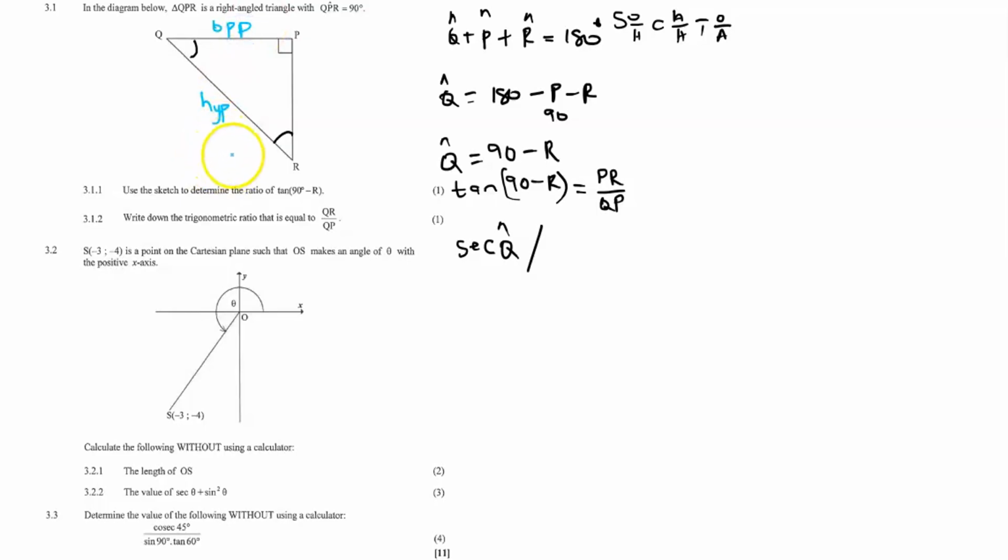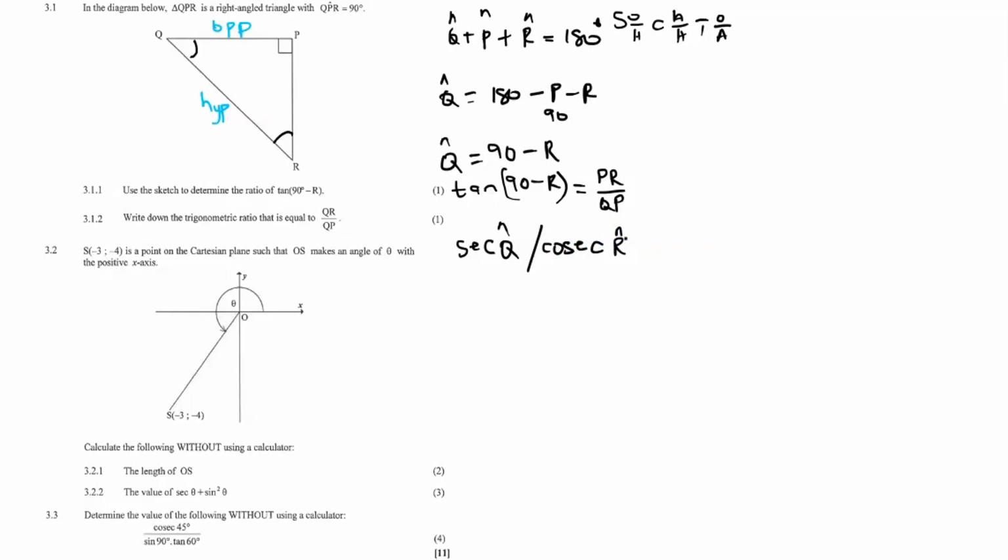So now we've got hypotenuse over the opposite, and we can see that it must be the reciprocal of sine, which is cosec. So it's going to be cosec of angle R.